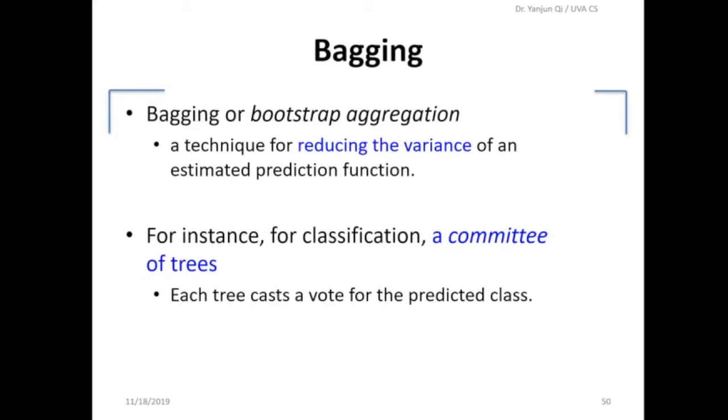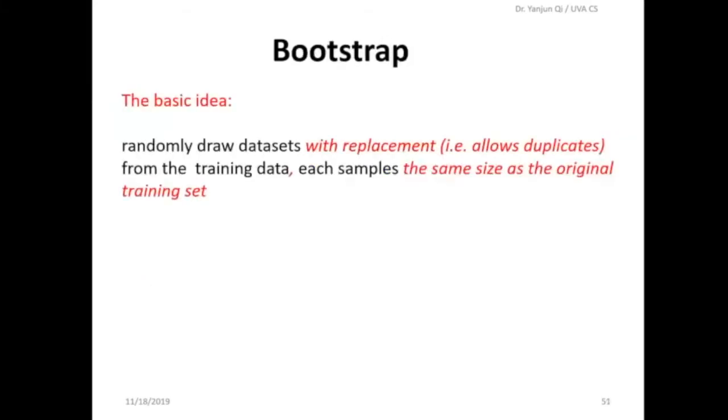Then you build a committee of different trees, and together they make predictions by majority voting. For instance, each tree casts a vote for the predicted class, and you can grow B trees based on B different bootstrap samples of your training data. It's a very classic technique for reducing variance.